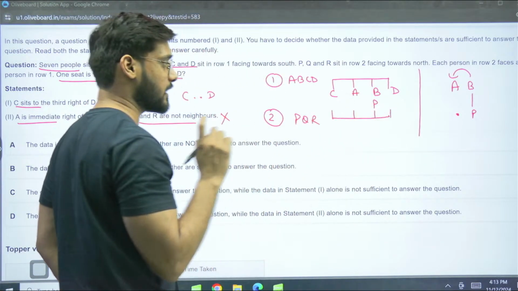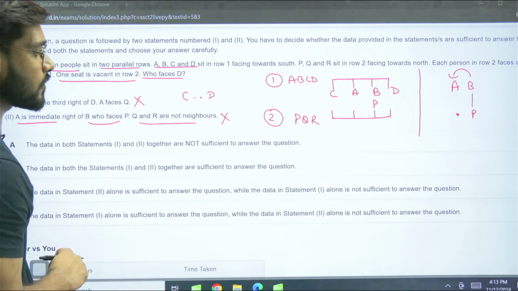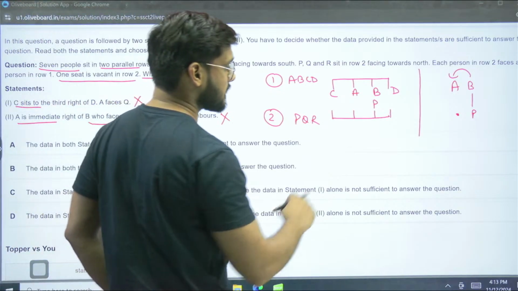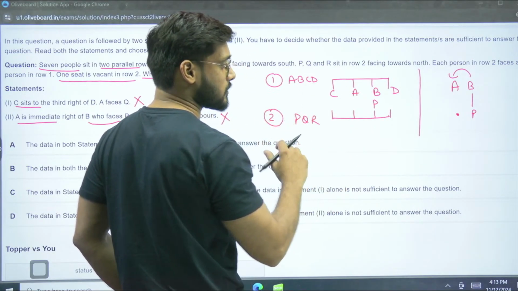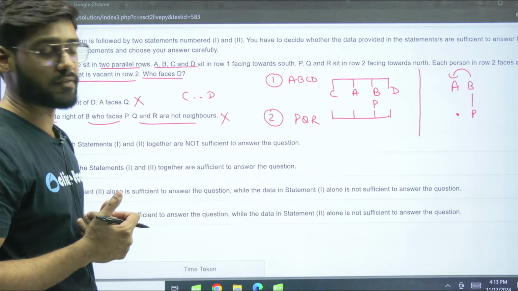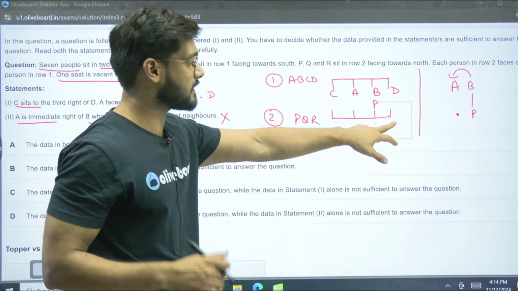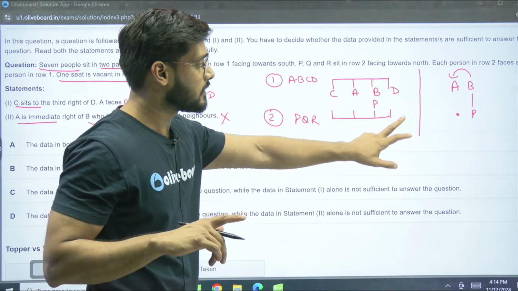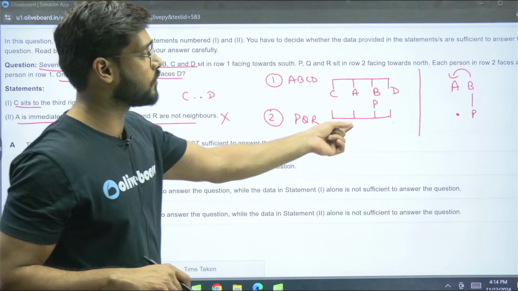Now Q and R are not neighbors, so Q can come in these 2 positions and R can come in these 2 positions. Hence we cannot know who is facing D, because one person out of Q and R will come over here, and hence we cannot exactly know who is facing D.